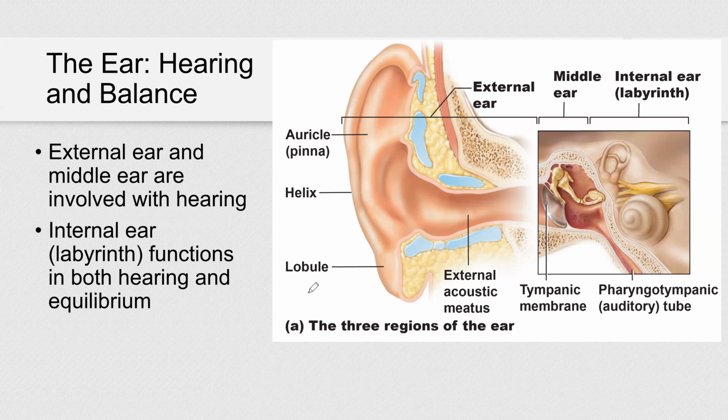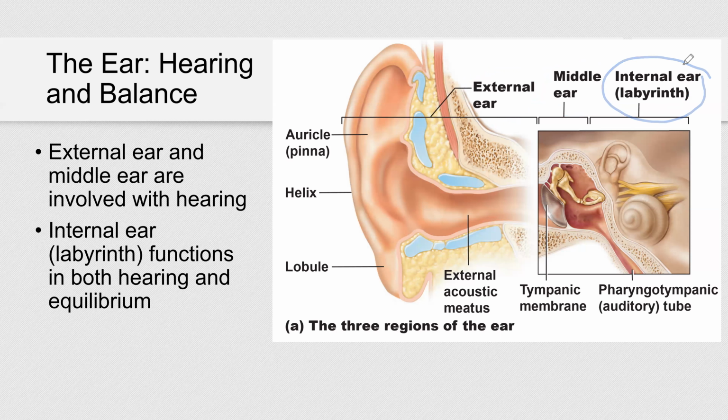Now, the ear can be divided into external ear, middle ear, and internal ear. The job of your ear, you see over here, is hearing and balance. For hearing, you need all three parts: external, middle, and internal ear. For balance, you only need the internal ear, right?